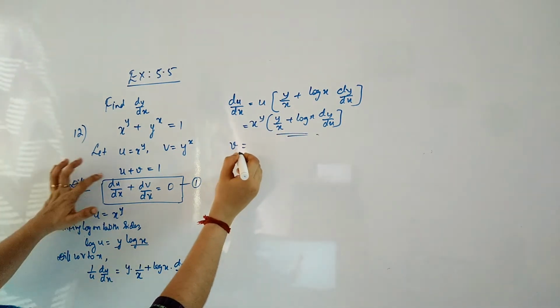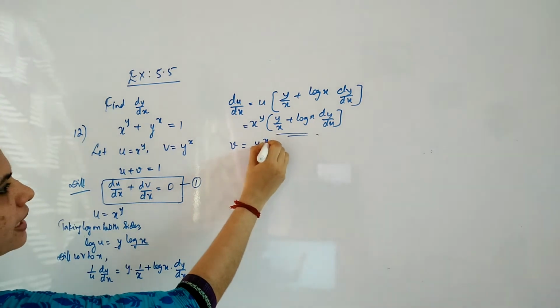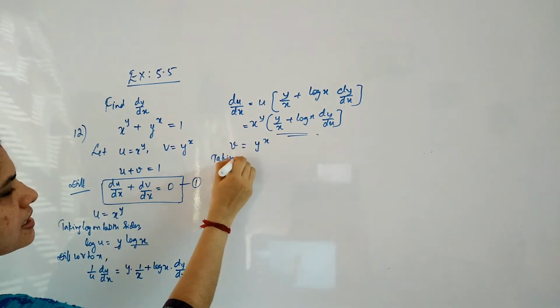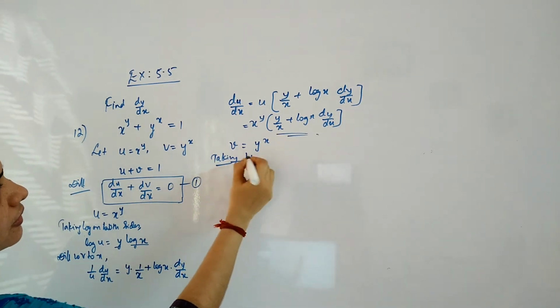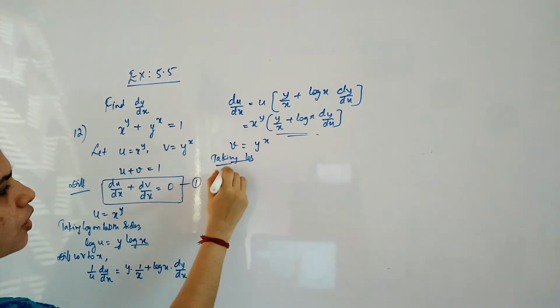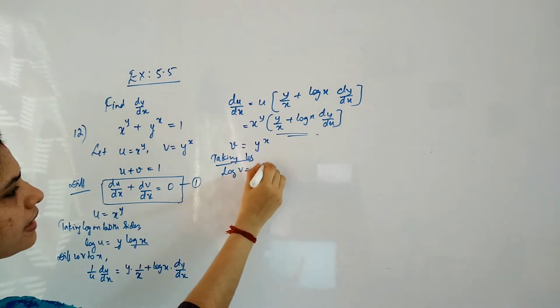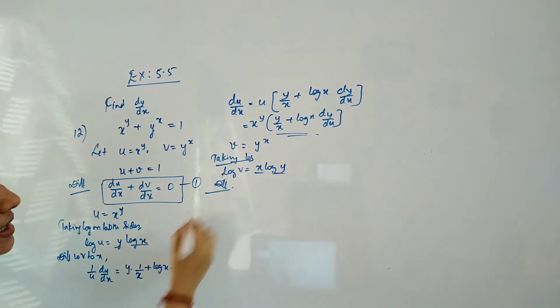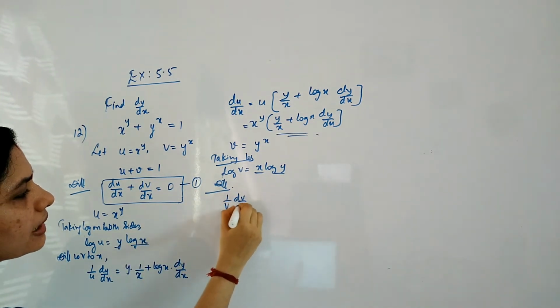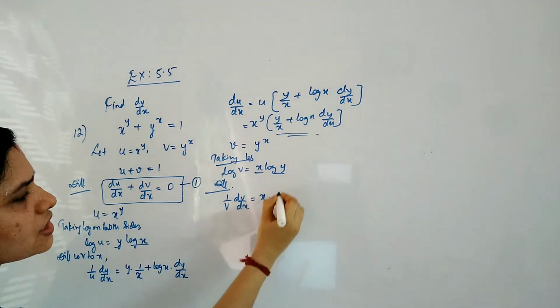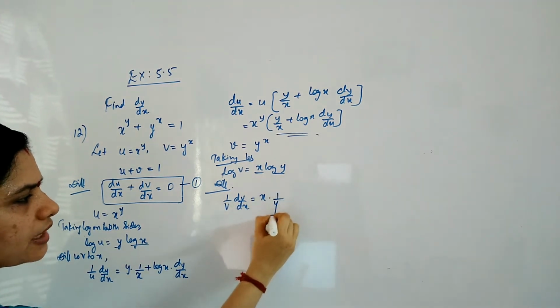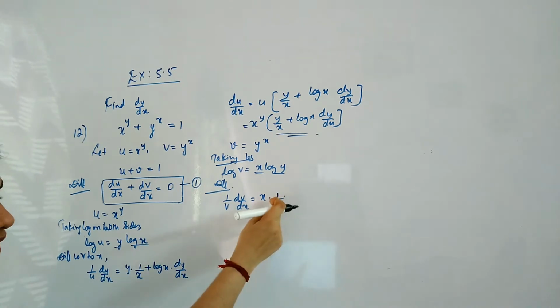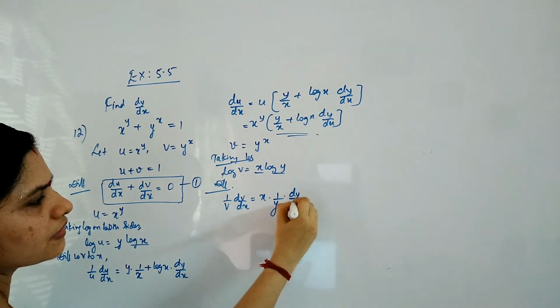Start with v, which is y raised to x. Taking log on both sides, you will have log v is equal to x log y. Again you have two terms, so differentiate with respect to x. This will become 1 by v dv by dx is equal to x into derivative of log y, which is 1 by y into dy by dx, since it is not x, its derivative is dy by dx.